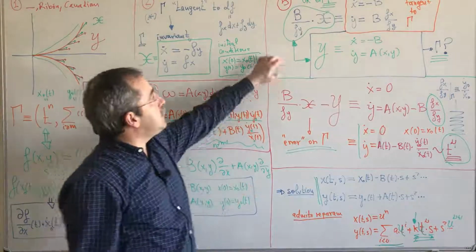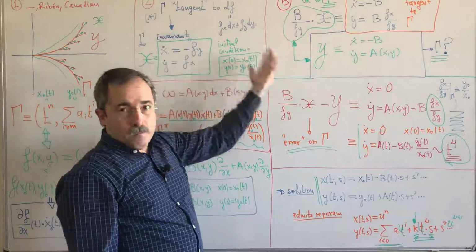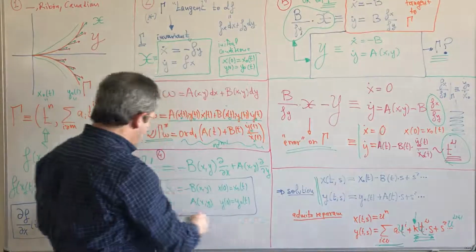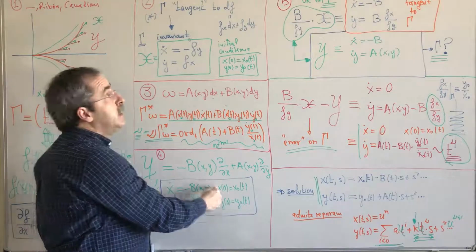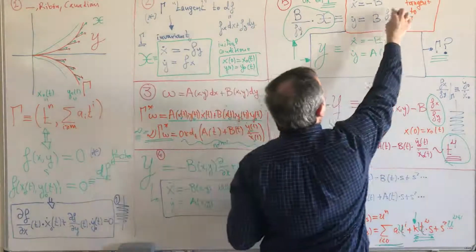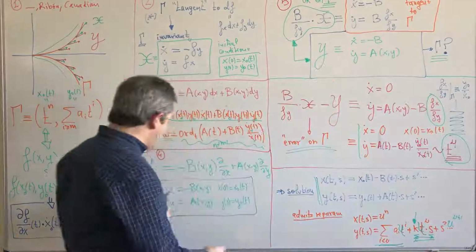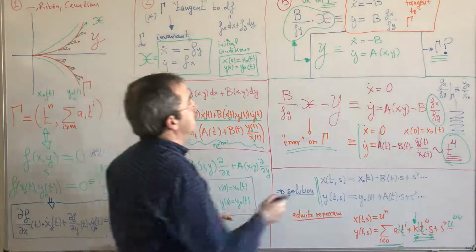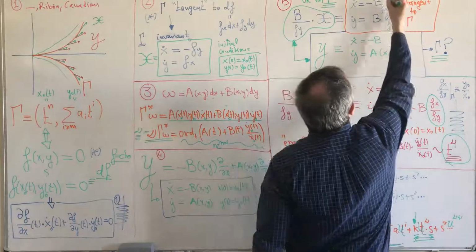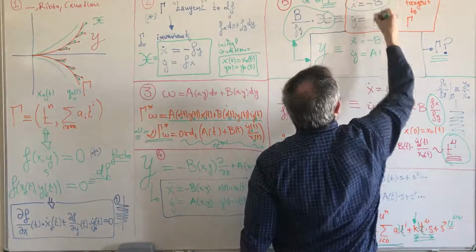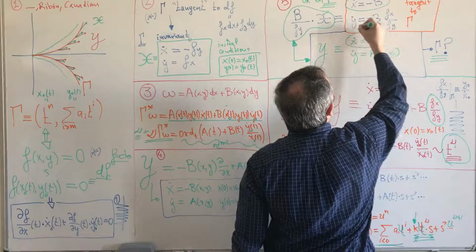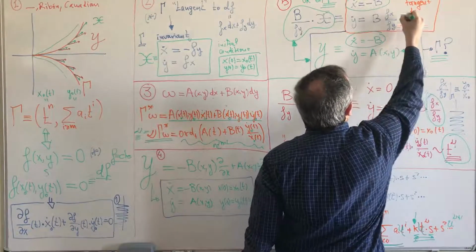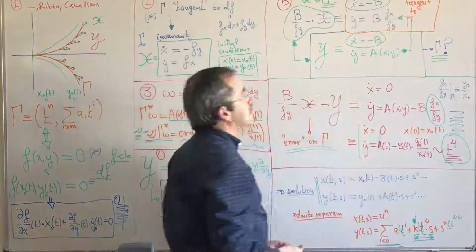What happens with this vector field? Now, magically we get x dot equal minus b, and y dot equals b times f_x over f_y, which is not the same thing as a, obviously. But look at this: x dot equals minus b, and now y dot, what's the relationship between these two things?